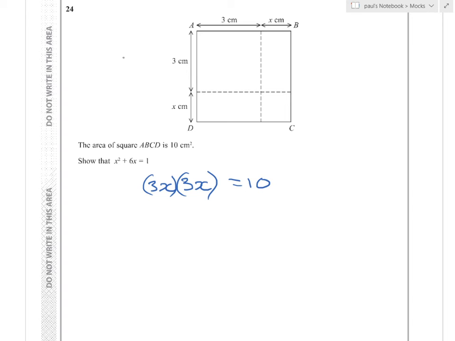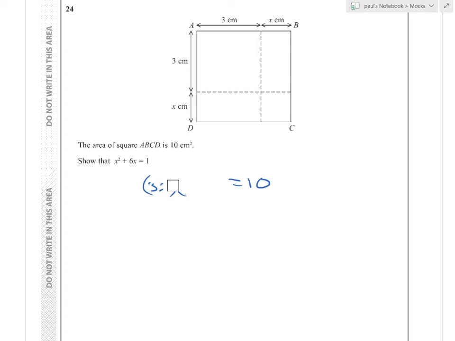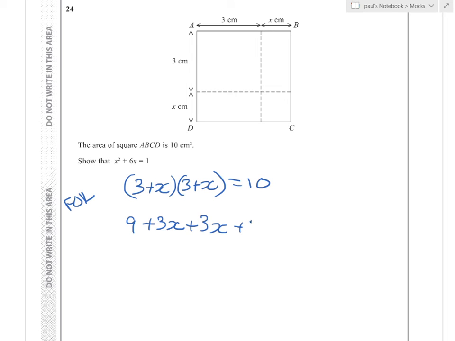That's not 3x, it's 3 plus x. Get that right. So 3 plus x times 3 plus x. Let's multiply that out. 3 3s are 9. We're going to do what's called FOIL: 3x inside, 3x outside, x squared.